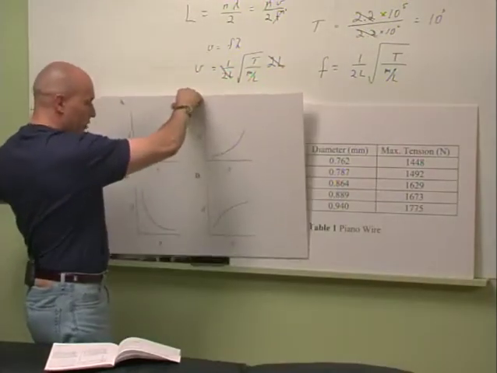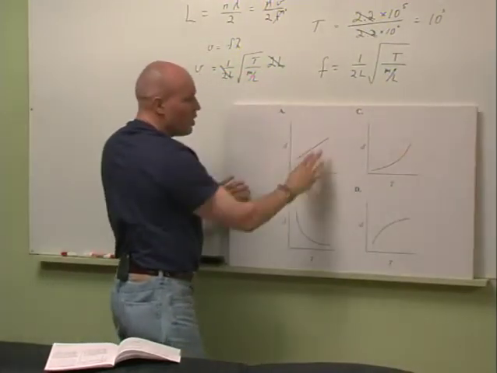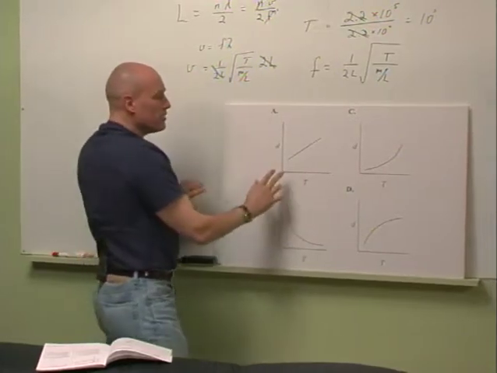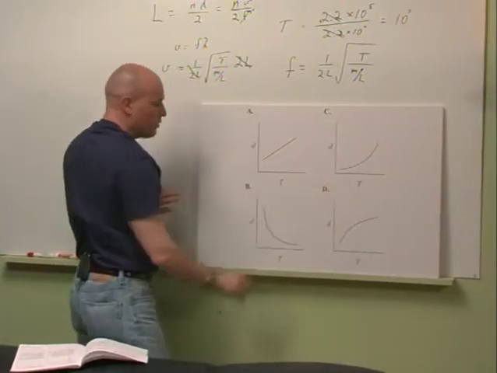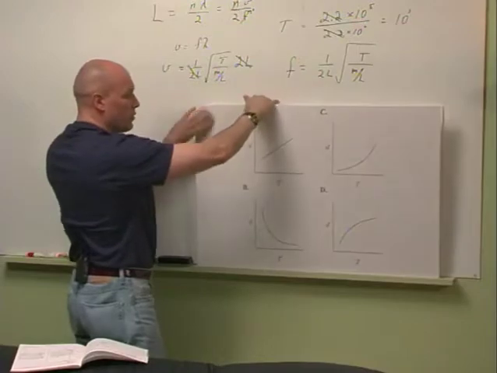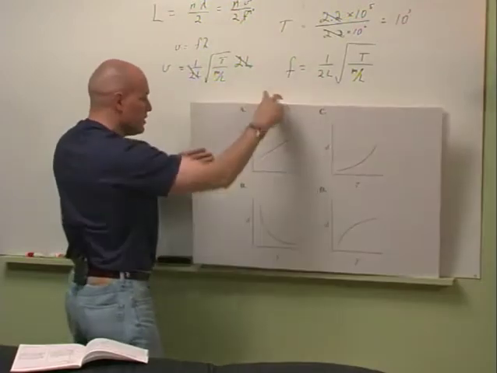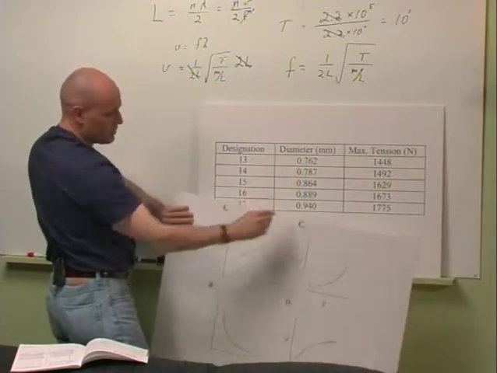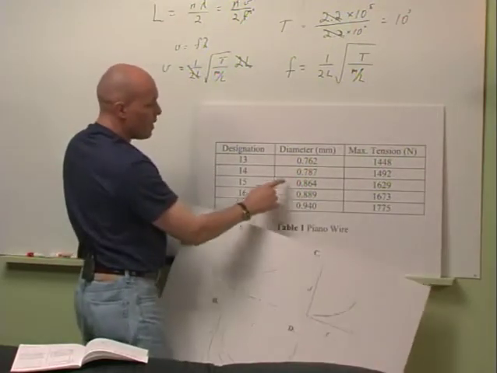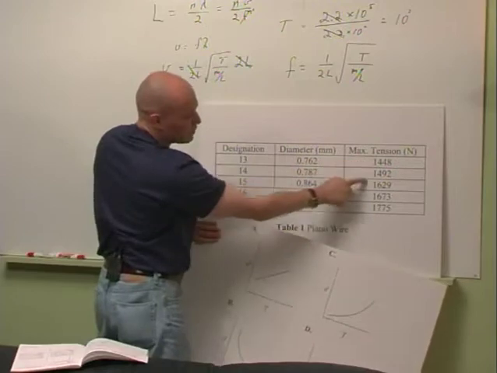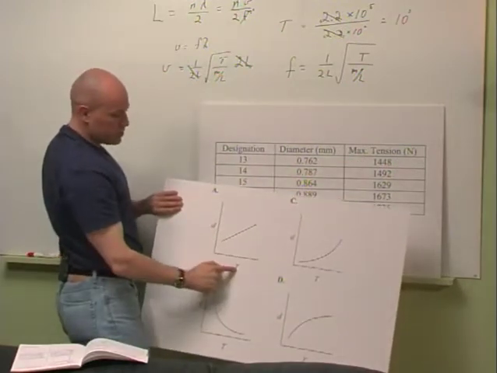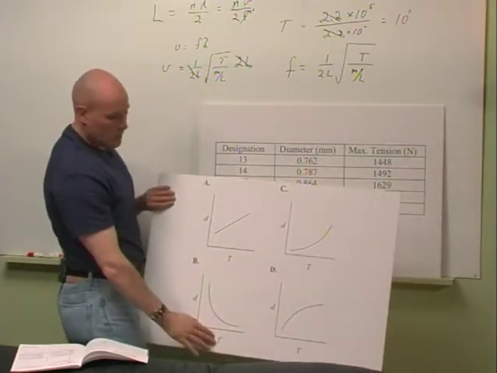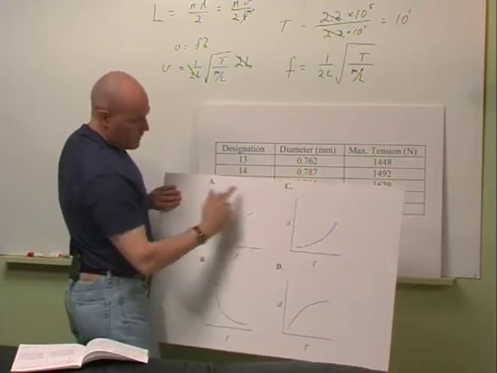When I get a graph like this, the first thing I look at is whether the trend is going up or down, because as soon as I decide that, I can get rid of some answer choices. Here, as the diameter goes up, the tension goes up. So I know B is out. It's got to be A, C, or D.